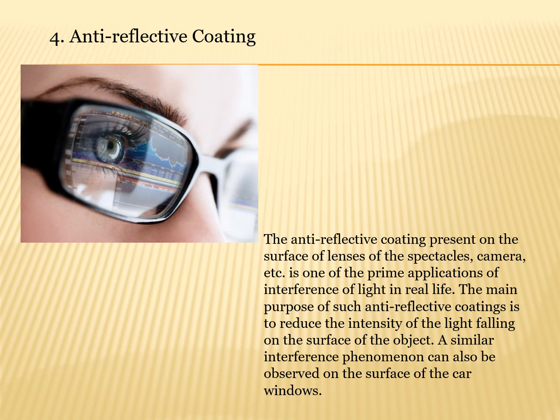The main purpose of such anti-reflective coatings is to reduce the intensity of light falling on the surface of the object. A similar interference phenomenon can also be observed on the surface of car windows.